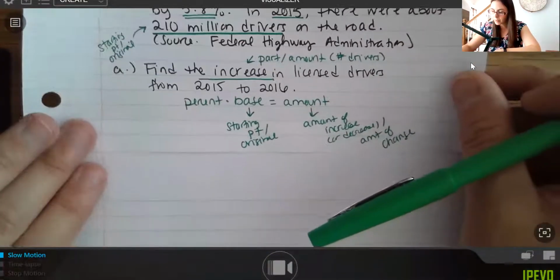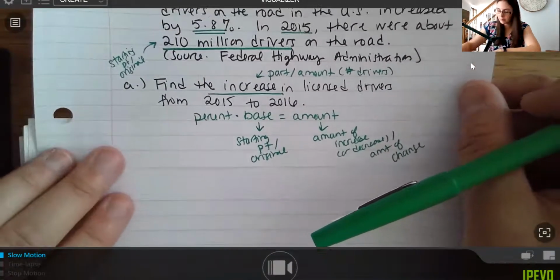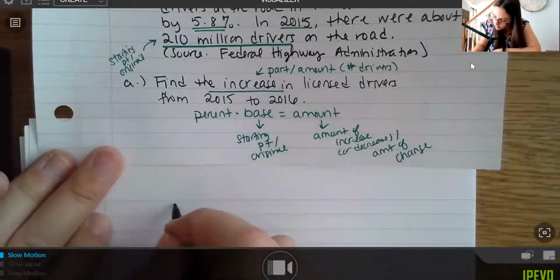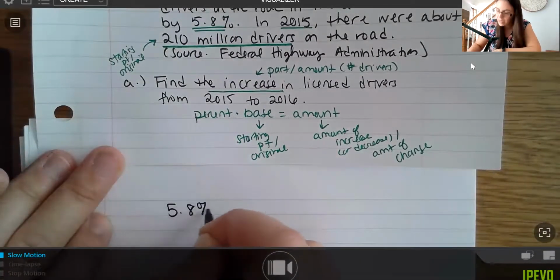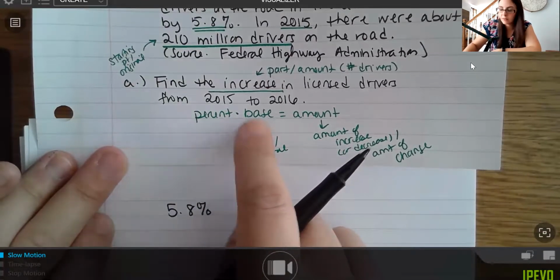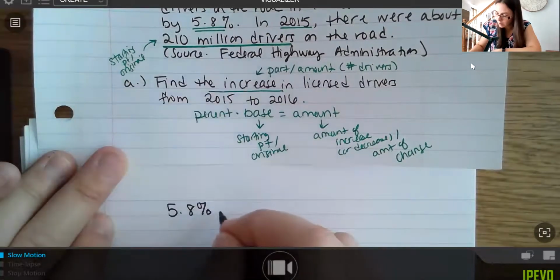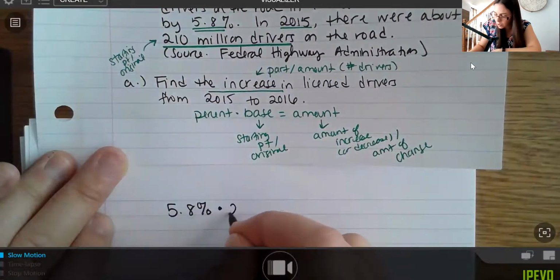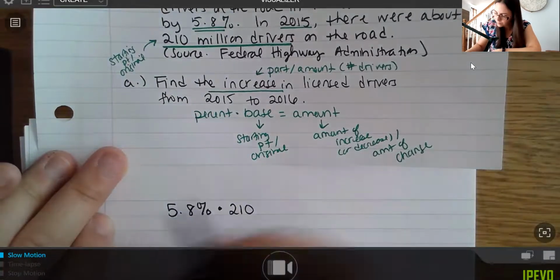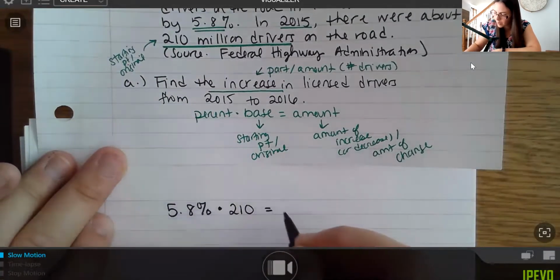All right, so my percent we said was 5.8. Now, my base is my starting point for increase and decrease problems. So in 2015, I'm starting at 210 million drivers. So I'm going to just use the 210 and remember that my units are millions. And that's going to equal the amount.